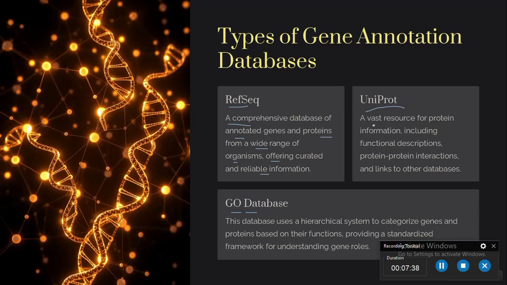UniProt is a vast resource for protein information, including functional descriptions of proteins, their interaction with other proteins, which is called protein-protein interaction, and links to other databases. The GO database uses a hierarchical system to categorize genes and proteins based on their function, providing a standardized framework for understanding gene roles.